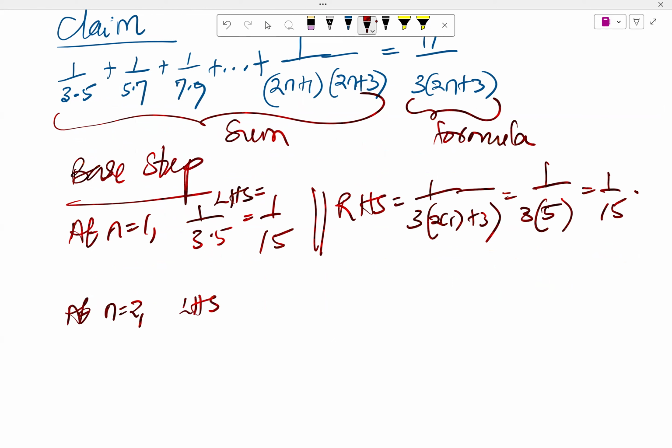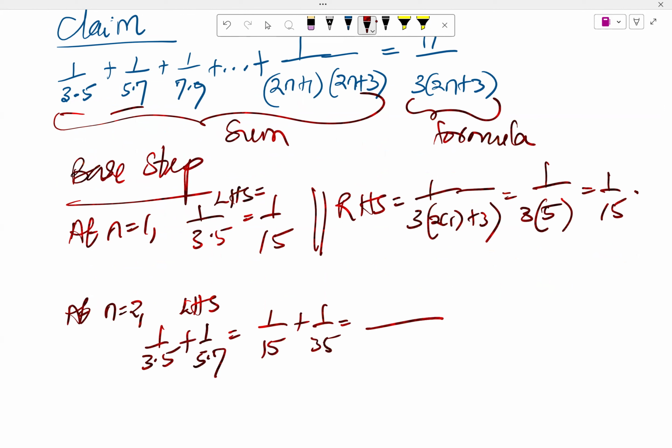On the left-hand side, for n equals 2, you pick the first two terms and add. So you have 1 over 3 times 5 plus 1 over 5 times 7, which is 1 over 15 plus 1 over 35.